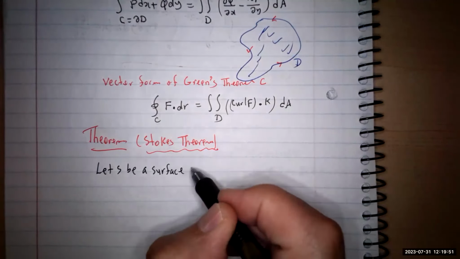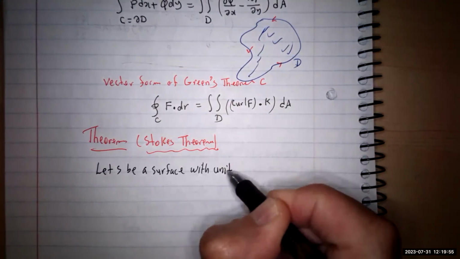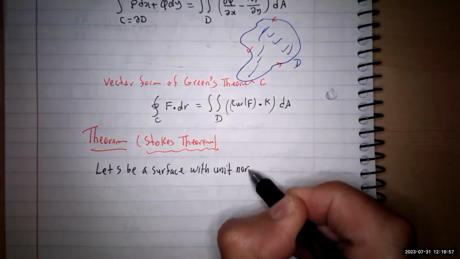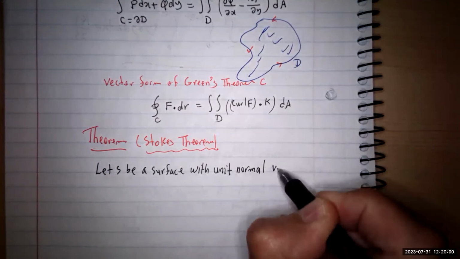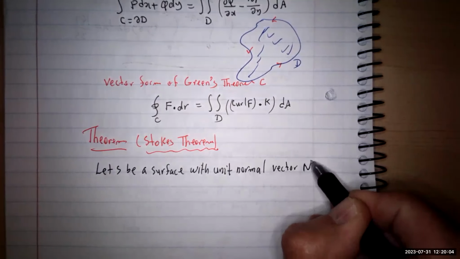Let S be a surface with a unit normal, because it's a surface integral, so you need this unit vector n.